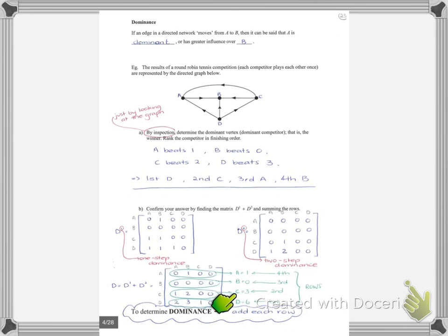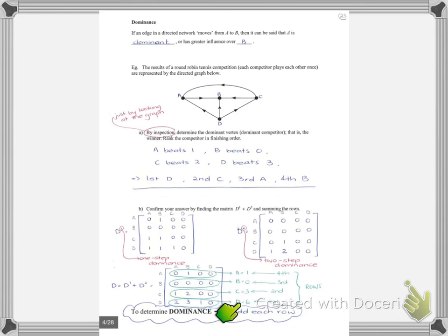Alright, so in that way we can get a ranking. It's a bit like using a points system, say in horse racing, where you were rating horses and you said a horse that's won a race will give that 3 points, a horse that's run second will give it 2 points, and a horse that's run third will give it 1 point. So what we're really doing here is just adding up the points for A. Points for A total is 1, B has a total of 0, C has a total of 3, and D has a total of 6.